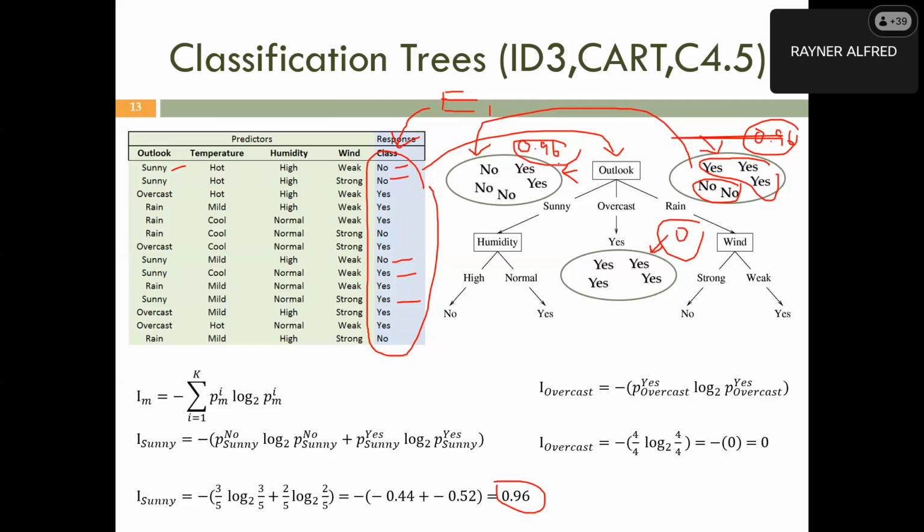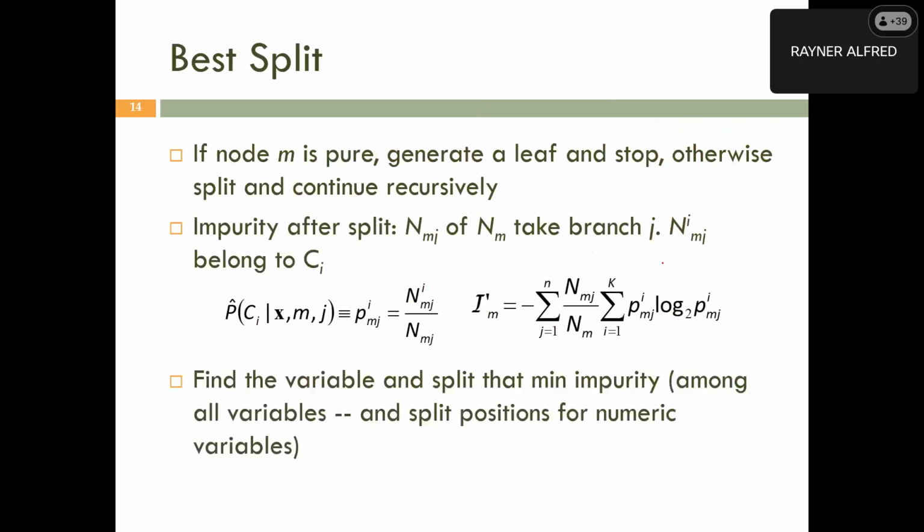But before we can go for that, we have to look at how we combine the entropy for all these three. When we try to combine them, we have to look at the weightage of each individual partition. This is the entropy of the individual partition, and this is the weightage.